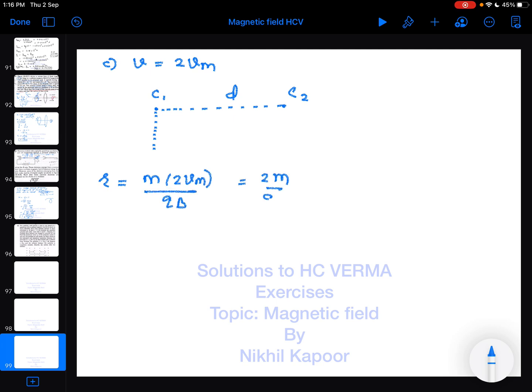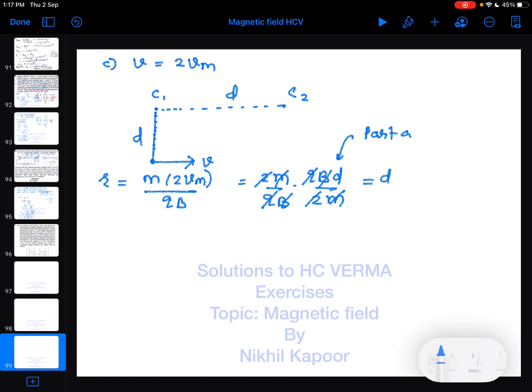So it will be 2m upon qB as it is, and the value of vm is qBd by 2m, as we have calculated in part A. So q cancels, B cancels, m cancels, 2 cancels. So the radius comes out to be d. It means the particle has radius equal to d. So this is the initial velocity of projection, and d.